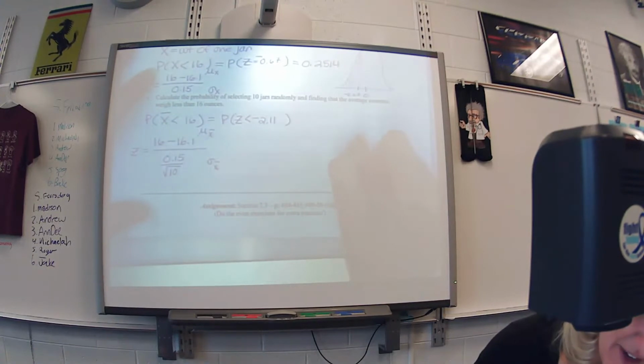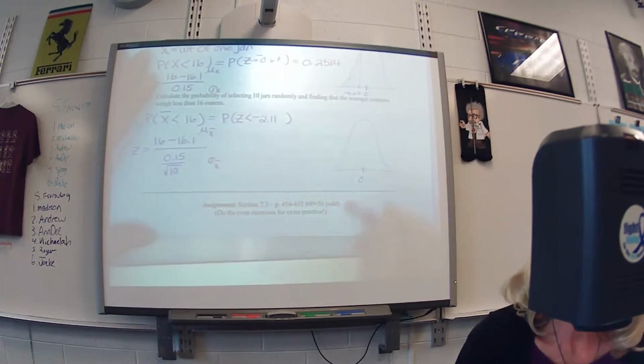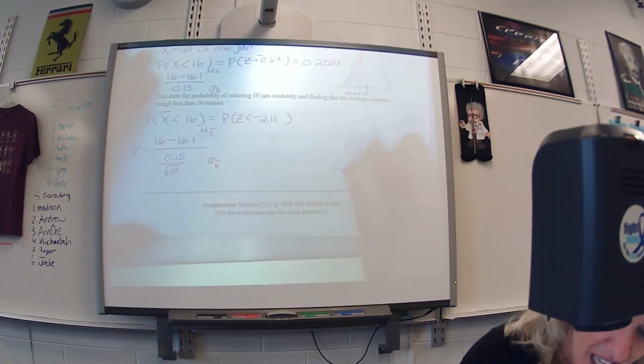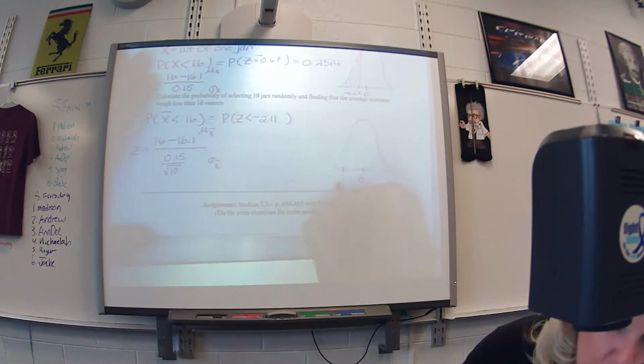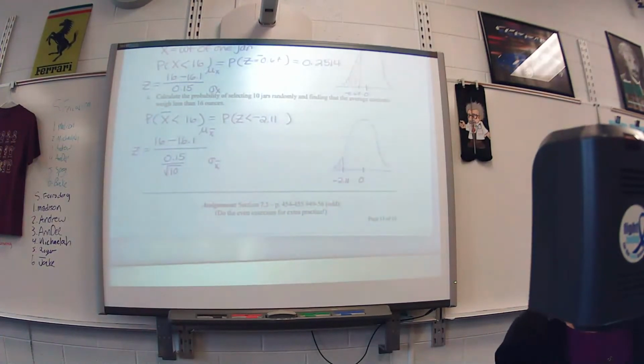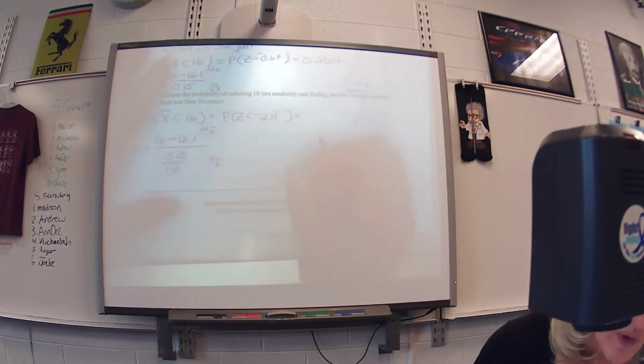On your bell-shaped curve, if a z-score of 0 is dead center, now we would be way back here with our z-score, and the tail is going to be much tinier. If you do a normal CDF, you would get an answer of about 0.0174.